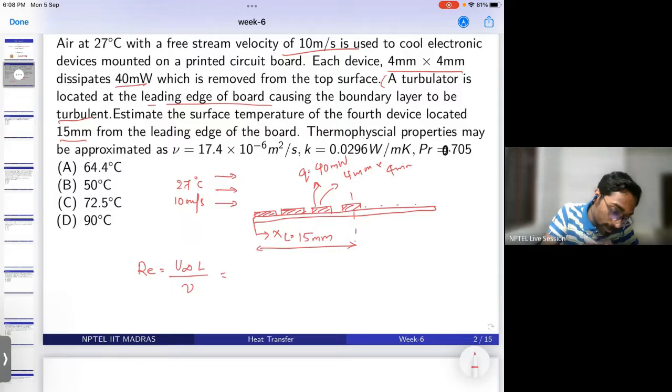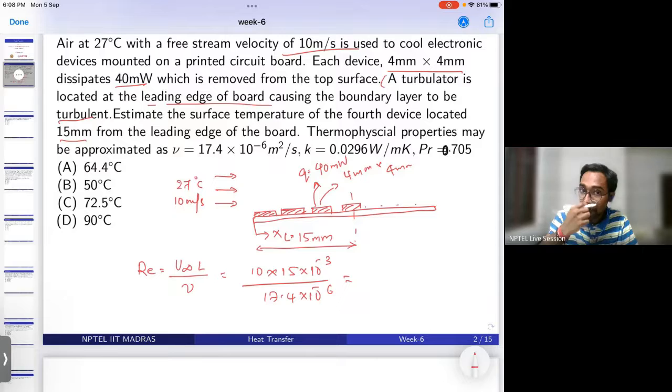So it is 10 into 15 into 10 raised to minus 3, all divided by 17.4 into 10 raised to minus 6. This is the expression for the Reynolds number, and it comes out to be 8621.